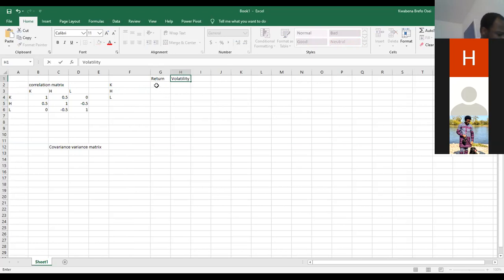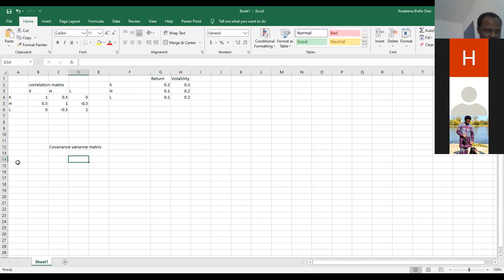So the return here is 20%, which is 0.2, and the volatility is 0.3. And that of H is 0.1, and the return is 0.2. The same thing for this, 0.1 and then 0.2. Great. So I'm looking for the variance-covariance matrix for this.